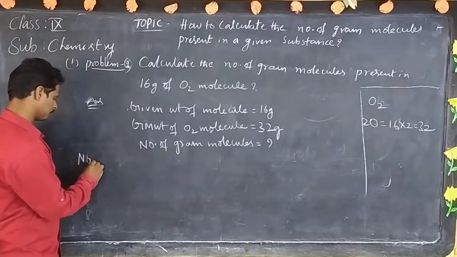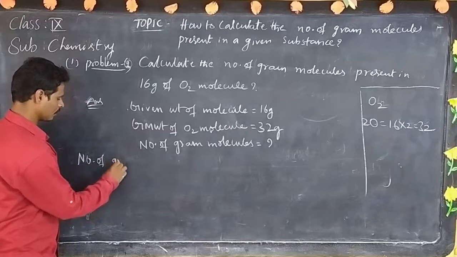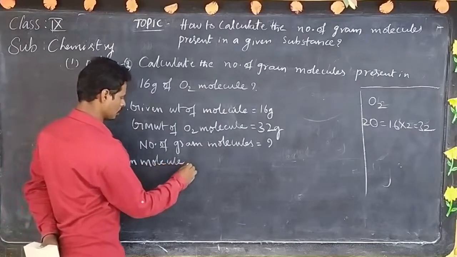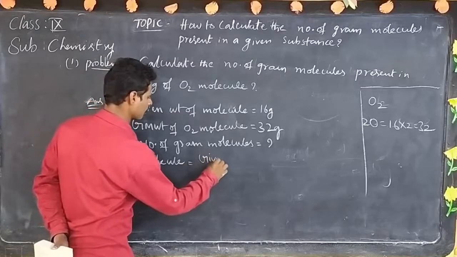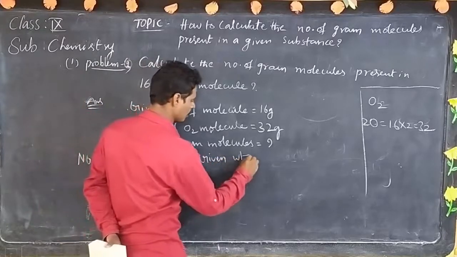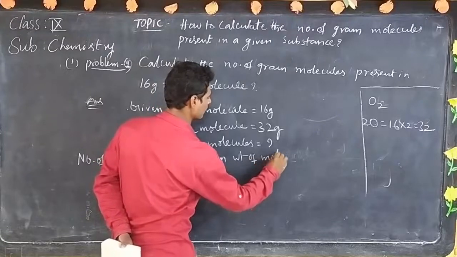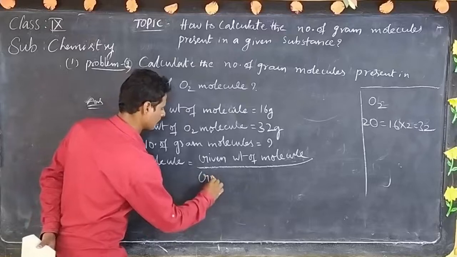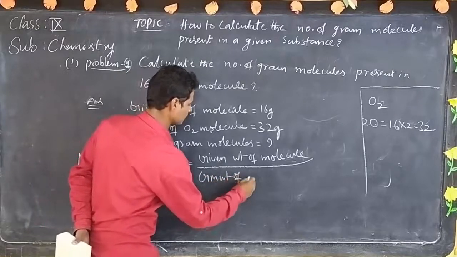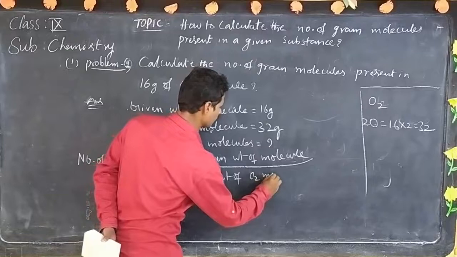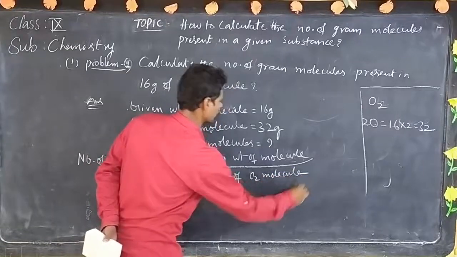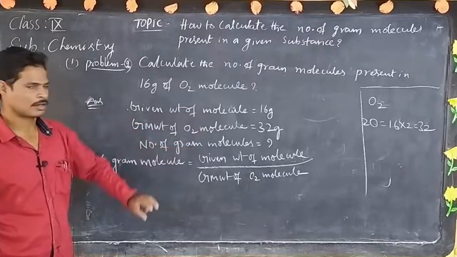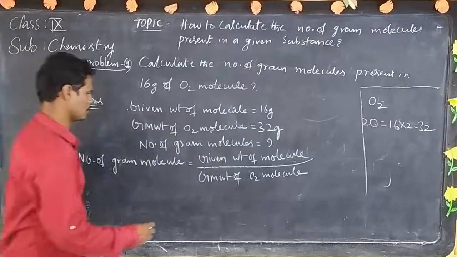But we know the formula: number of gram molecules equal to given weight of molecule by gram molecular weight of O2 molecule. Apply these values in the formula and we get the number of gram molecules.